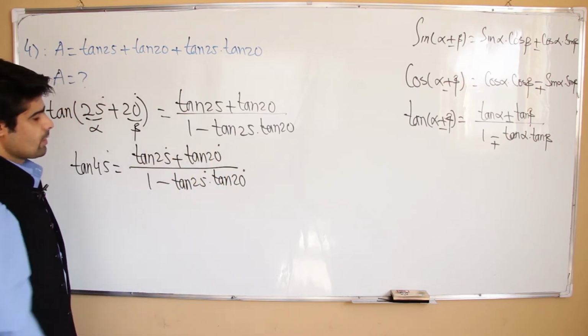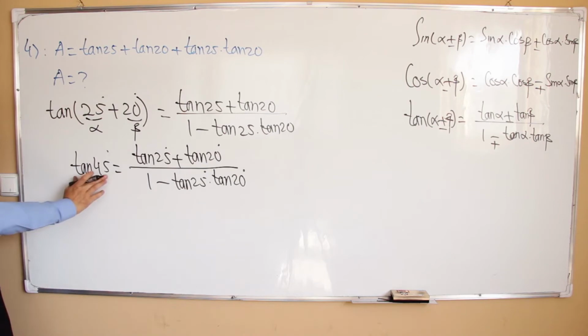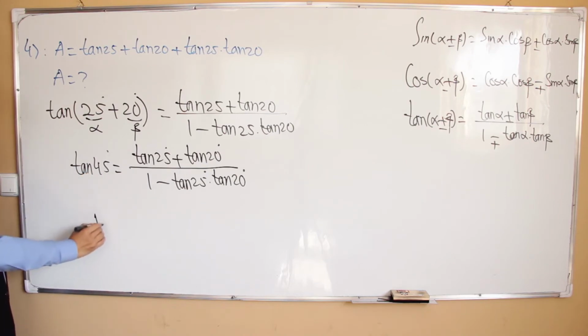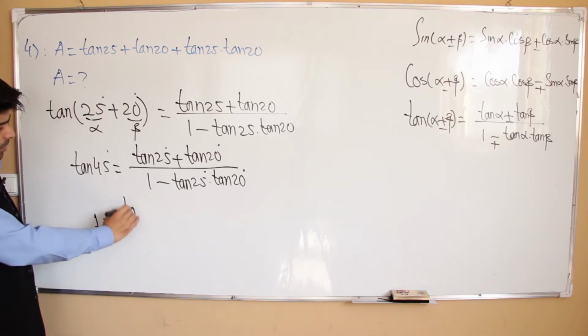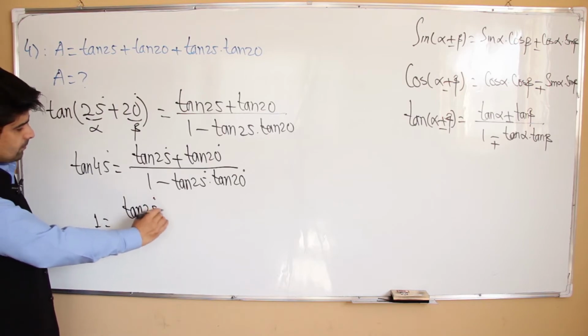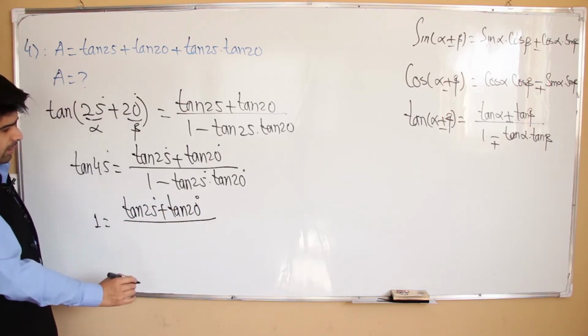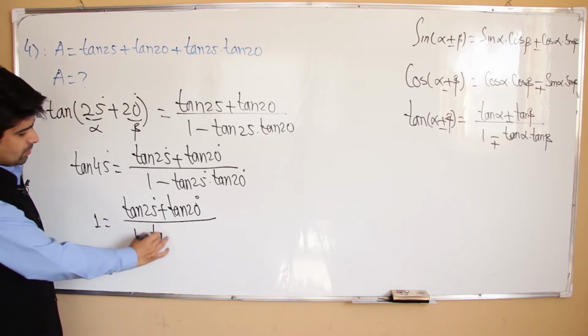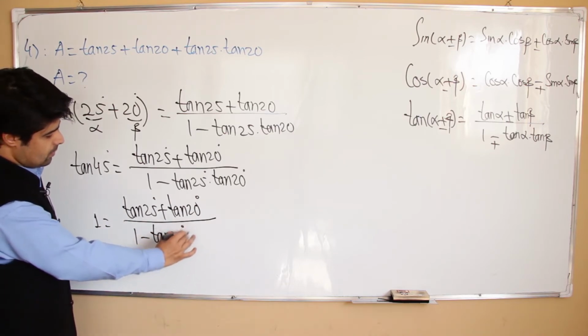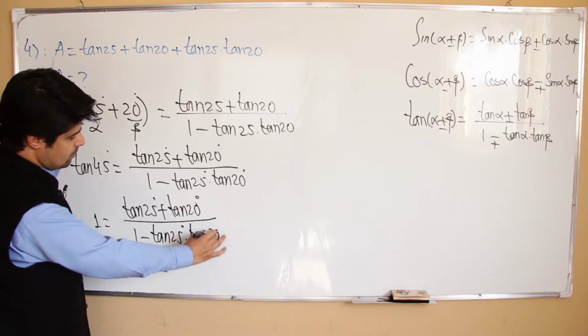Am I right? Yes. Now, what is the value of tangent 45? It is 1, equal to tangent 25 plus tangent 20 divided by 1 minus tangent 25 times tangent 20.